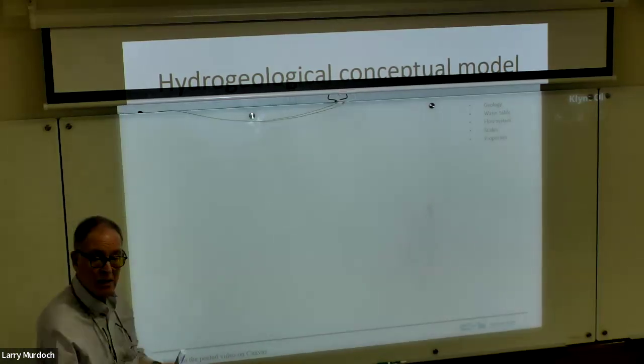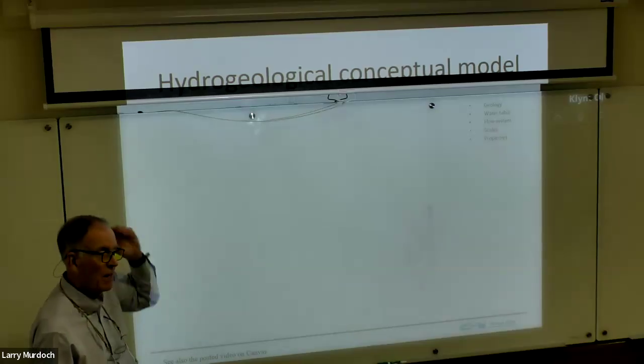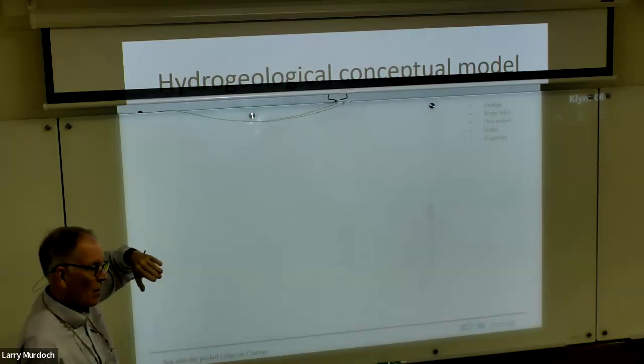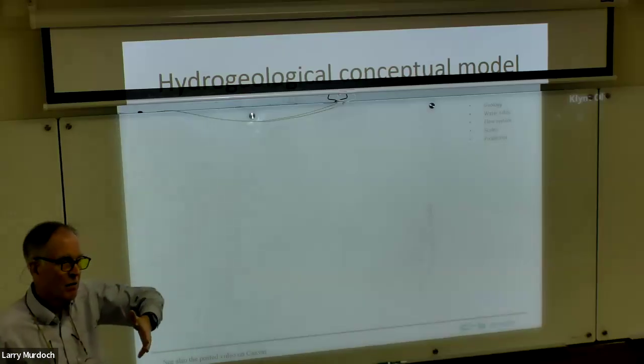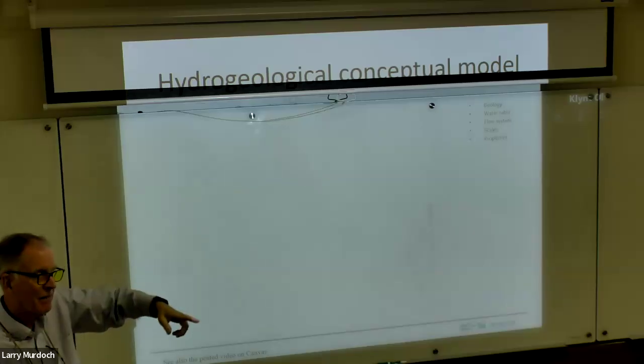We have these three. Well, I think they're really going to be 4 units, because one of the things I didn't point out is in the hydraulic conductivity profile through the saprolite with the different graphs.